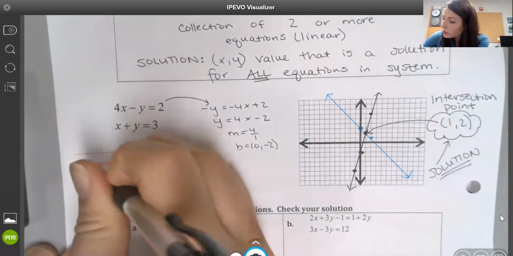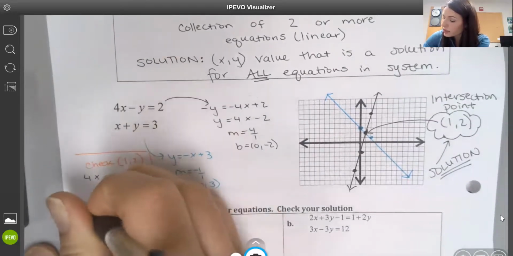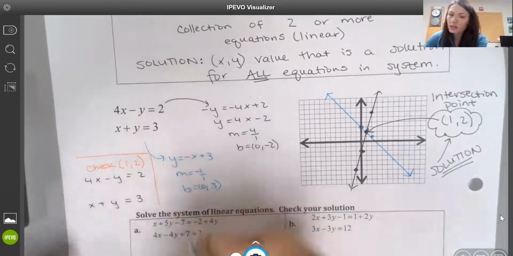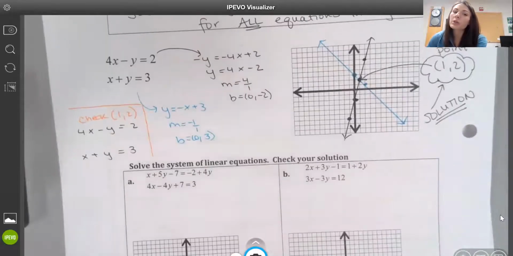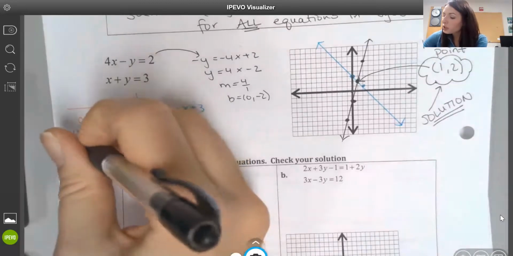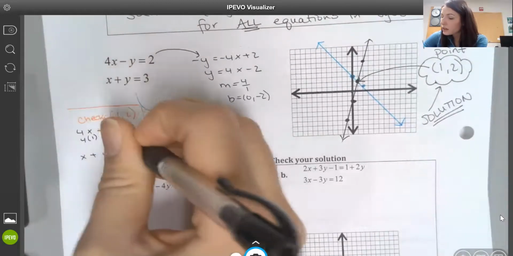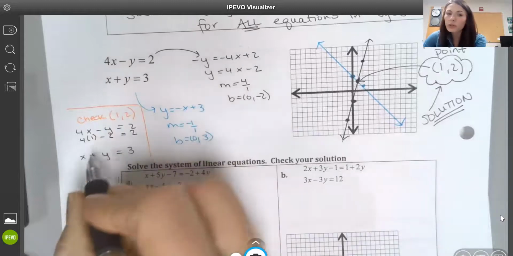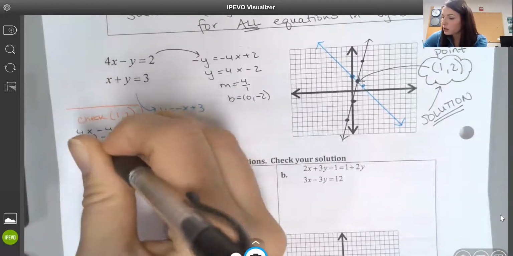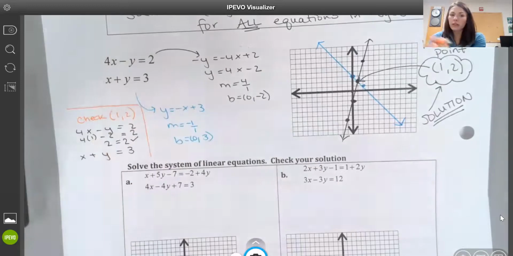When I check, I go back to the original equations, because again, if I rewrote something wrong, then the check may end up working out, but it's because I used the wrong line. And when I check, I'm just going to plug in 1 for x and 2 for y, which would give me 4 minus 2, 2 equals 2. Get that balance.